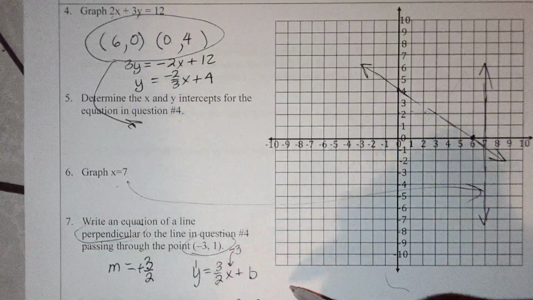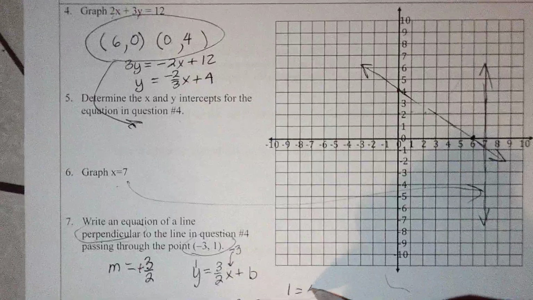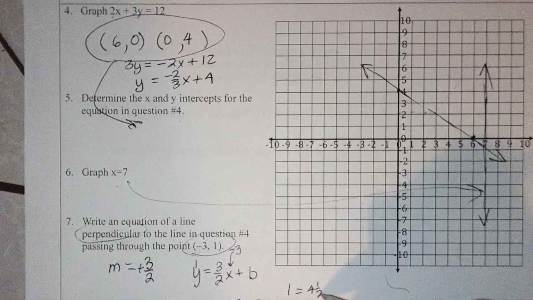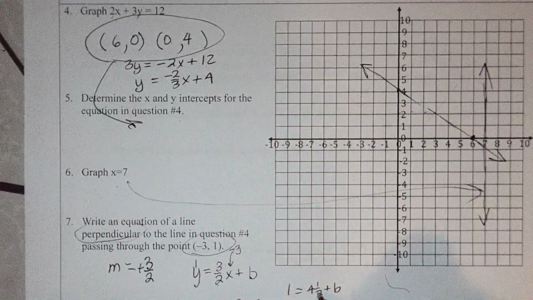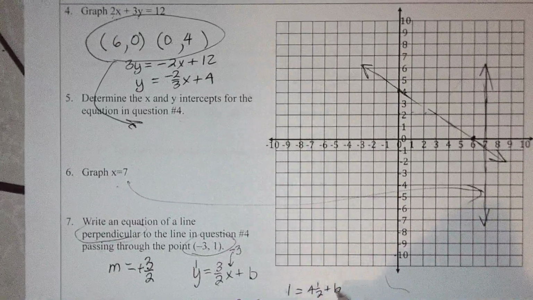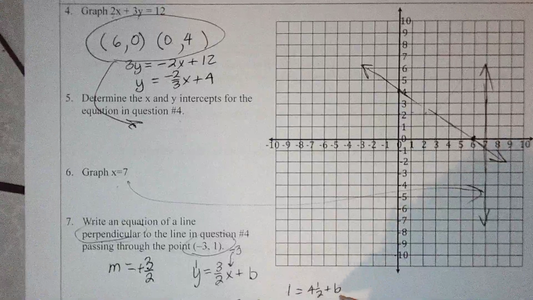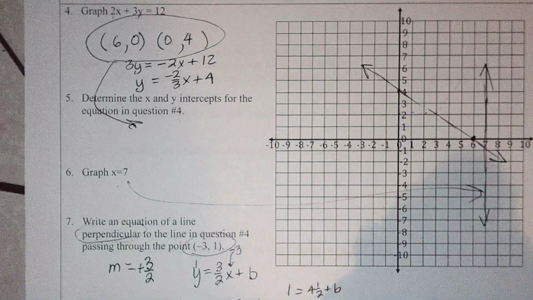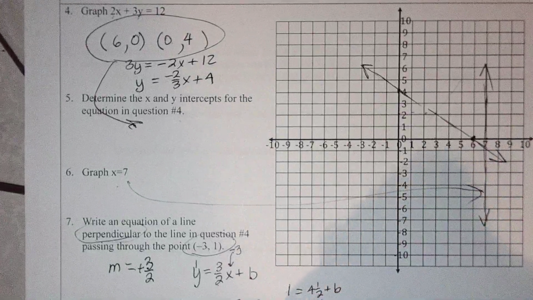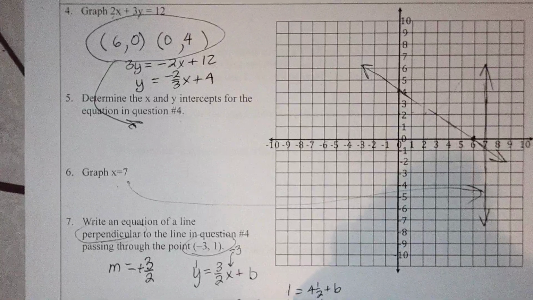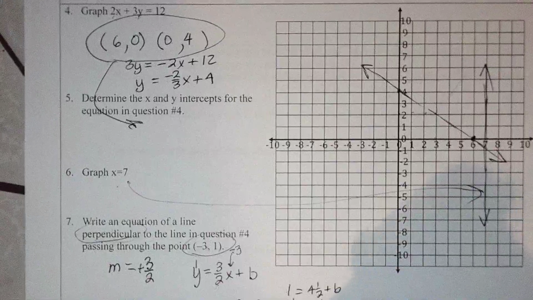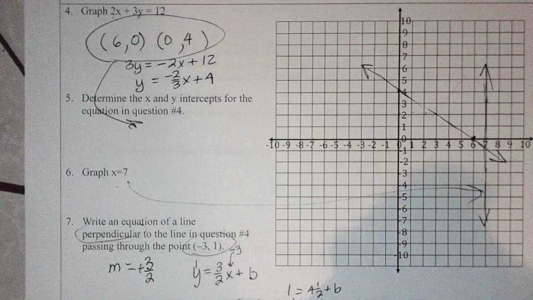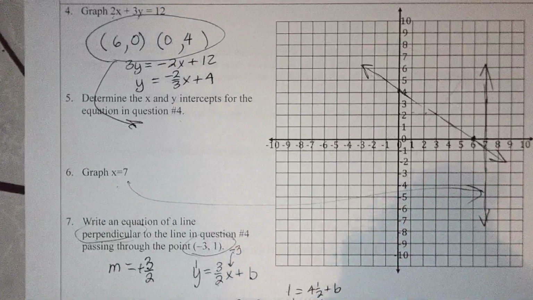And so we have 1 has to equal 4 and 1/2 plus b. Well, to make 4 and a half get down to 1, b is going to have to be negative 3 and a half, or subtract 4 and 1/2 from both sides. And we get b is negative 3 and 1/2.